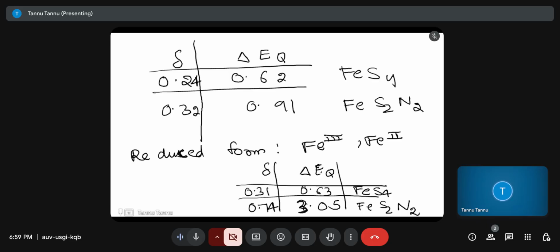So this is where you can see that even in the spectroscopic analysis of bioinorganic structures such as these clusters, ferredoxins, protein structures, etc., you can use Mossbauer spectroscopy to differentiate what is the ligand environment, what kind of cluster it is, from unknown samples. You can also identify which cluster must be present in that sample.